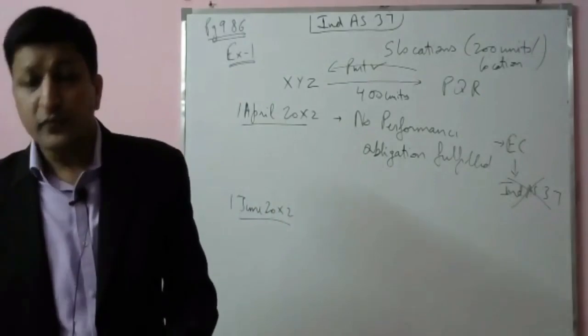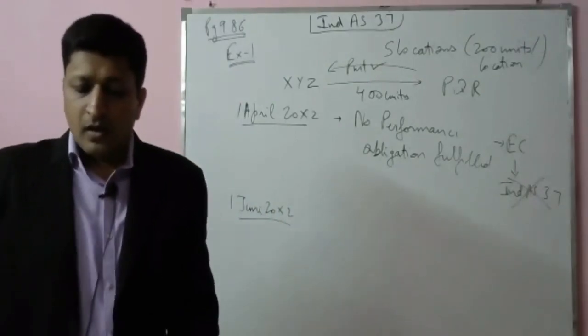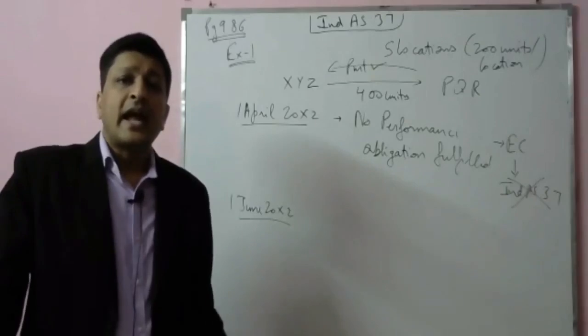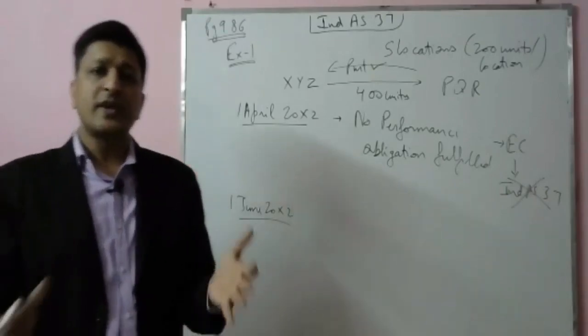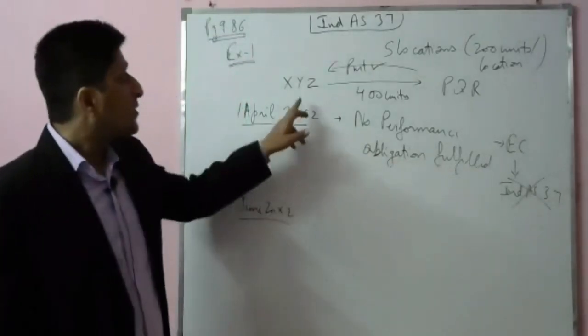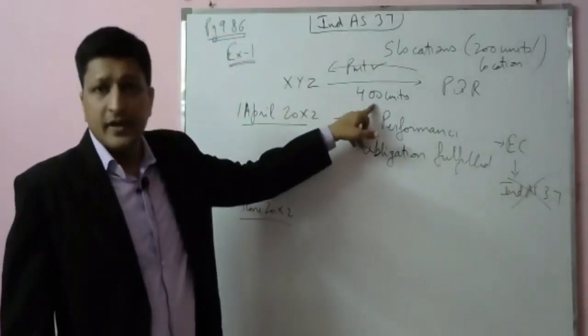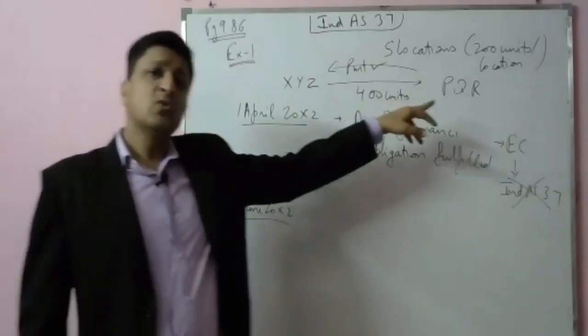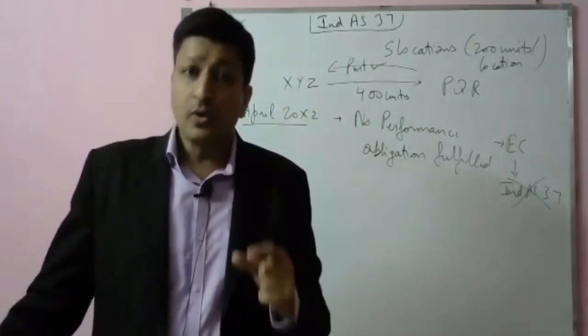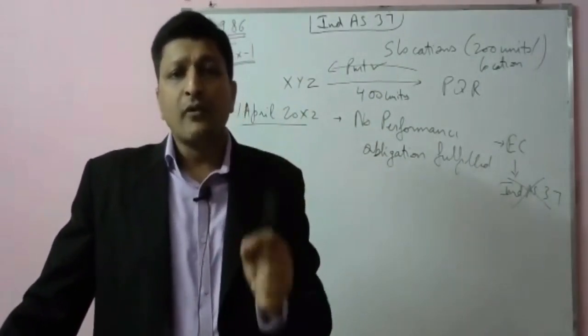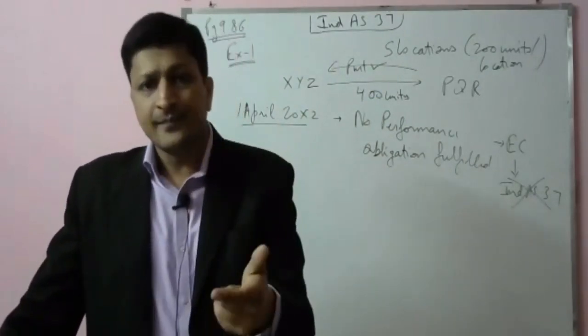Secondly, what do we see? Both the parties have performed their obligations to an equal extent. Why? Because when XYZ delivered 400 units, PQR also paid for 400 units. So they have fulfilled their obligations equally.